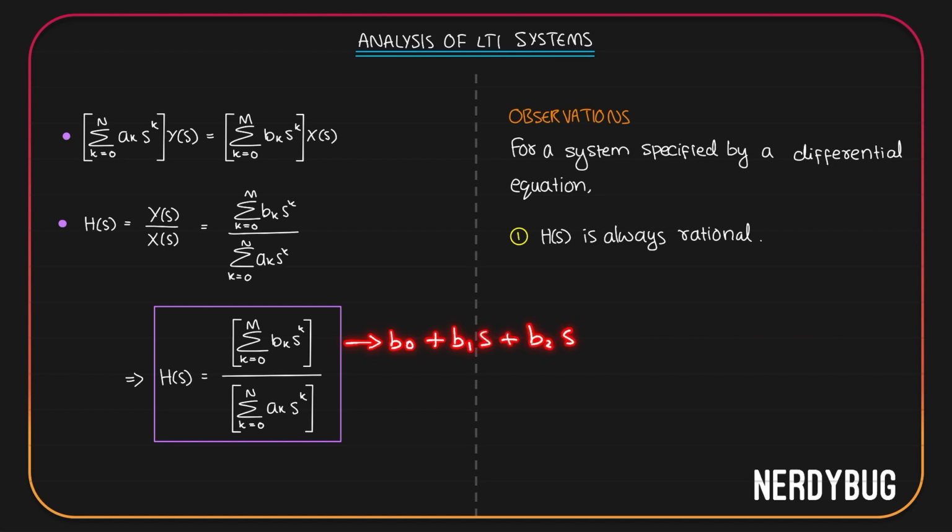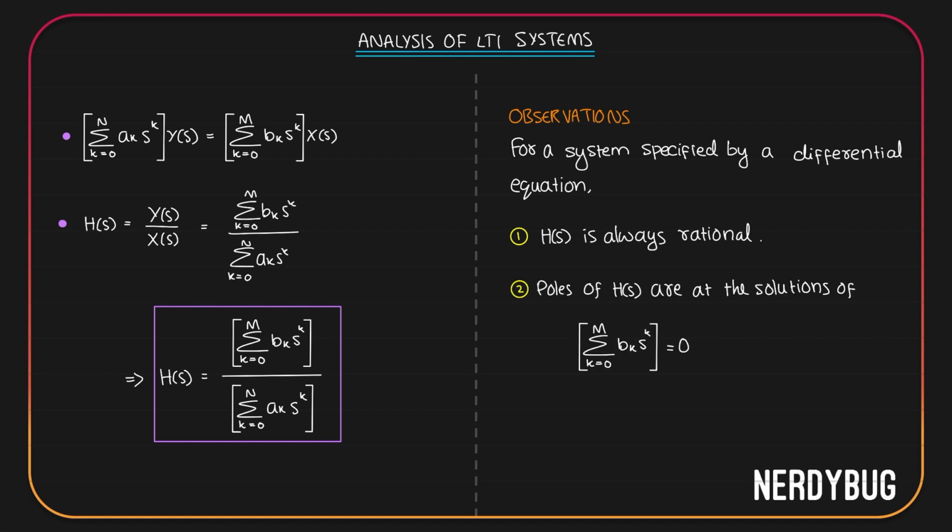Then you will get b2 s square plus b3 s cube. This is a polynomial. Similarly, the denominator will be a0 plus a1 s plus a2 s square plus a3 s cube, like that. It is also going to be a polynomial. So H of s is a ratio of two polynomials, which means it is rational all the time.